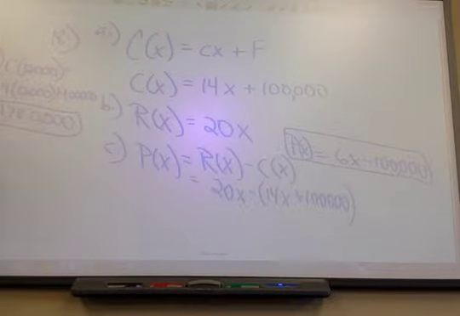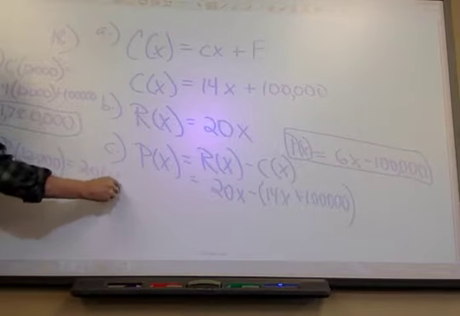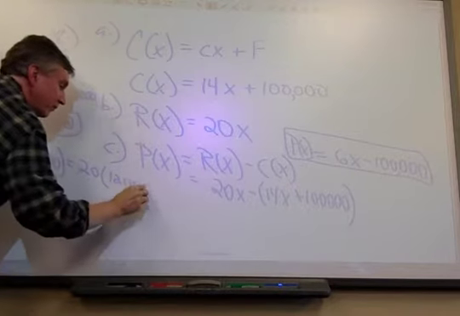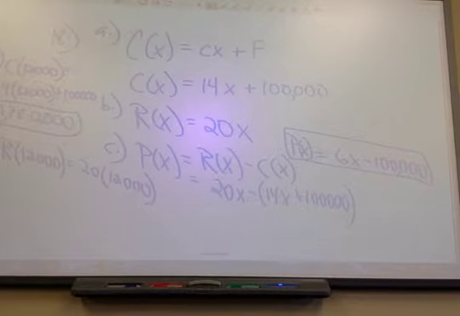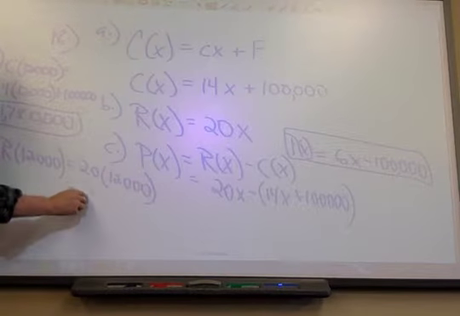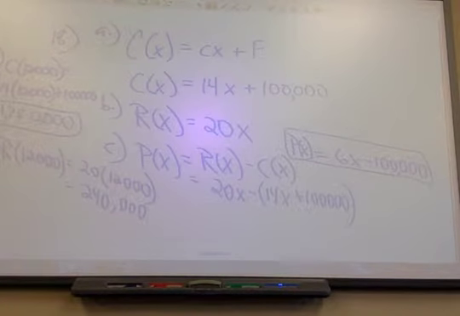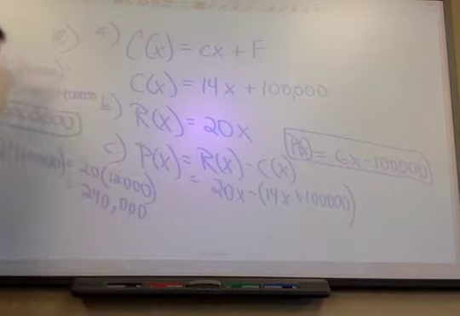What about the revenue? 12,000 would be 20 times 12,000, which is 240,000.